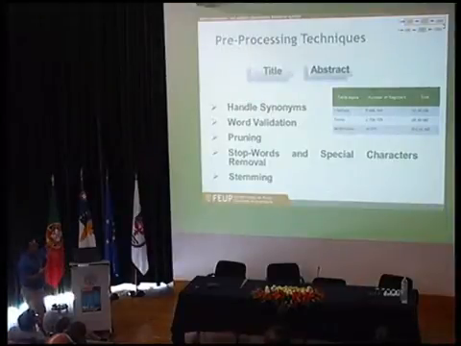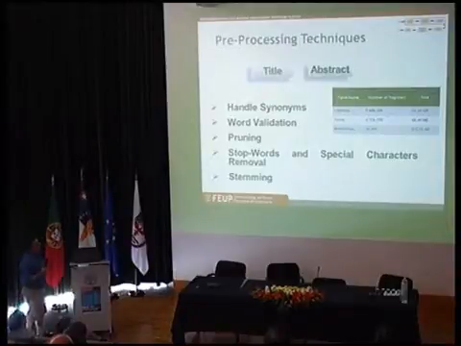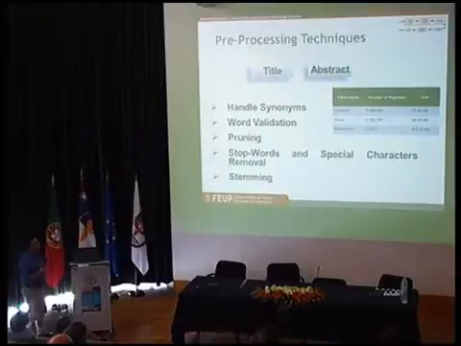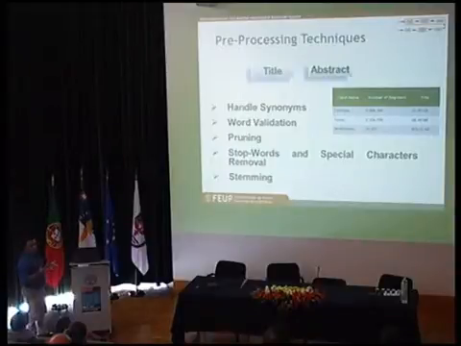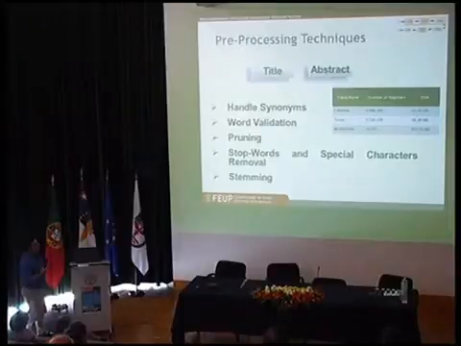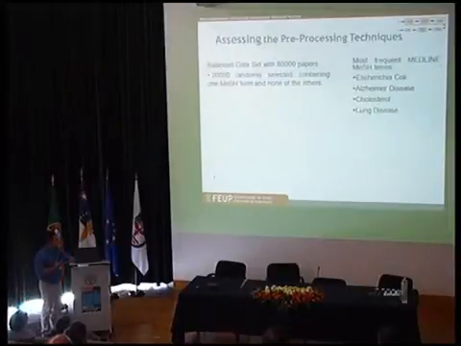So it's standard procedures. We do handling of synonyms. We have a synonym dictionary and word validation, so every word that doesn't appear in the dictionary we throw away. We try to do some pruning, removing highly frequent words and infrequent words, stop word removal, and stemming as well.